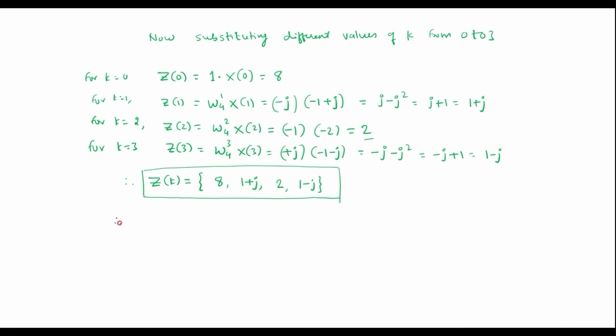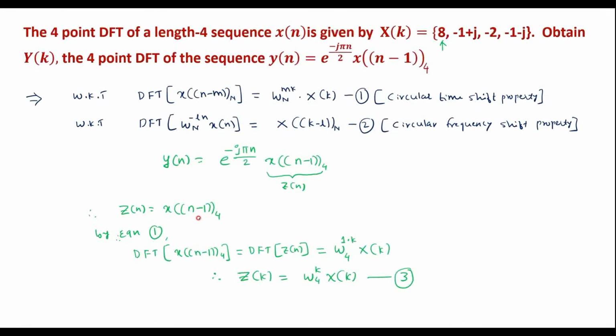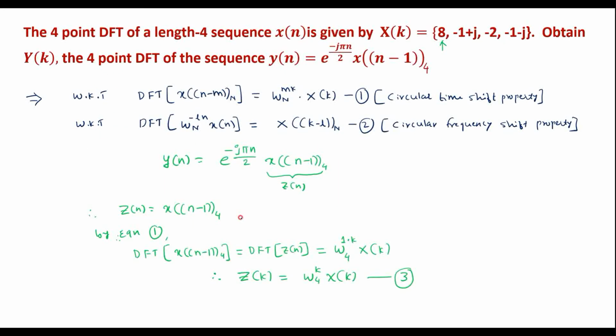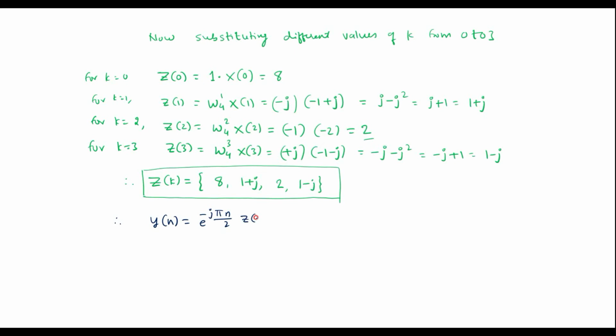Now I will write this y of n equation once again: y of n is equal to e power minus j pi n by 2 times z of n. This can be represented as e power minus j 2 pi n divided by 4 times z of n.